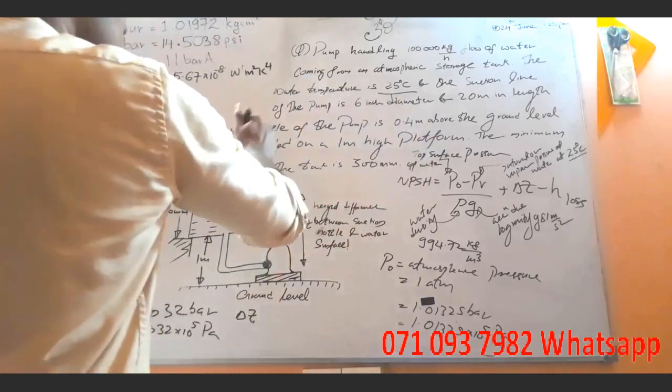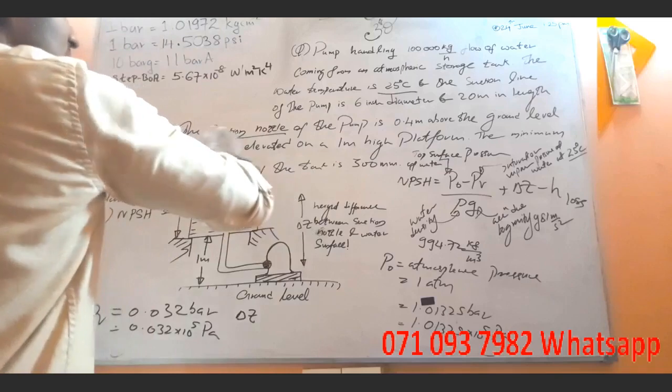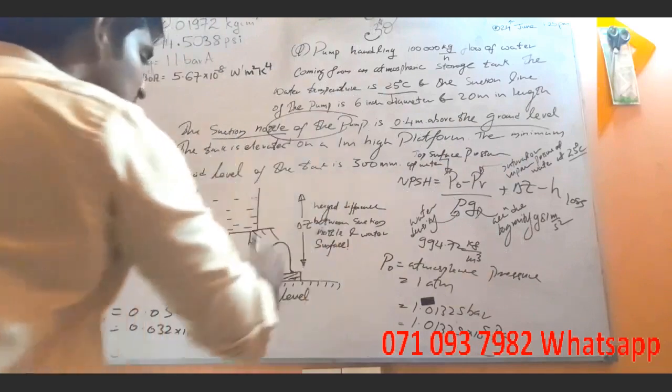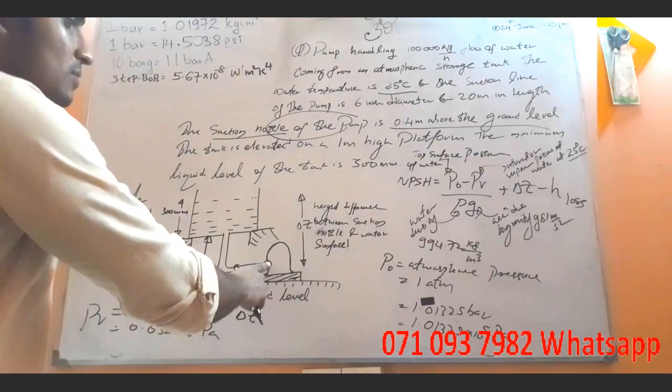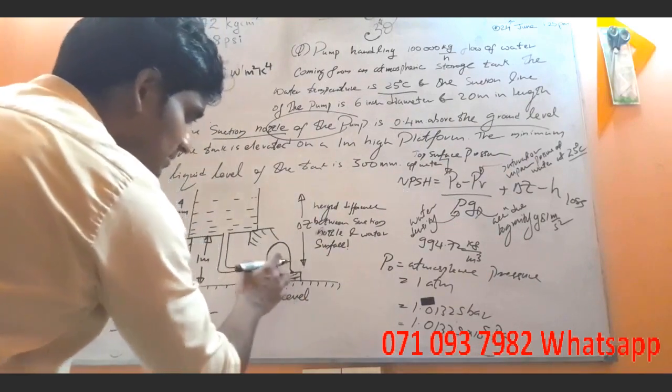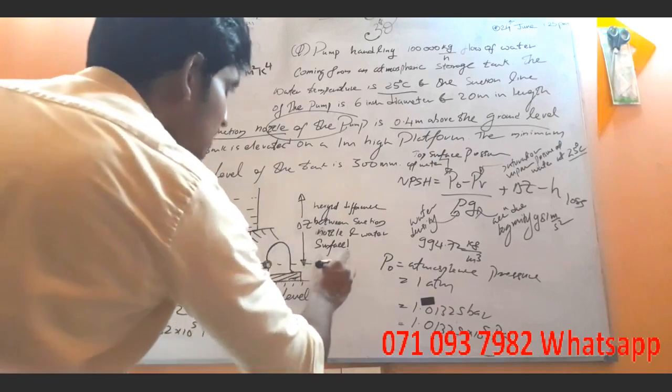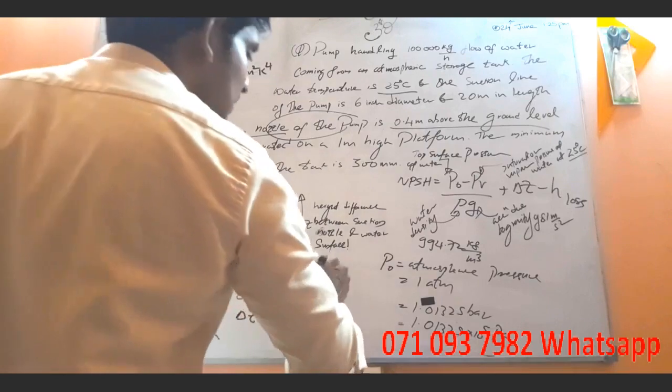The suction nozzle of the pump is 0.4 meters above the ground level, so the height from the ground to the suction nozzle is 0.4 meters.